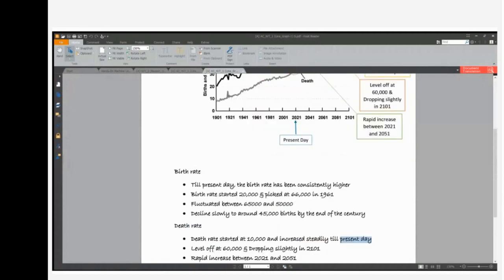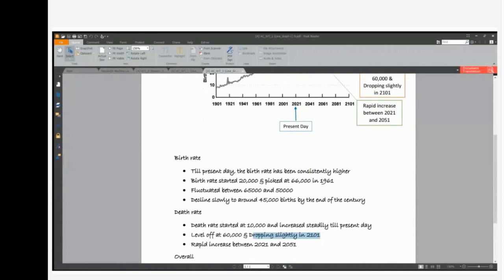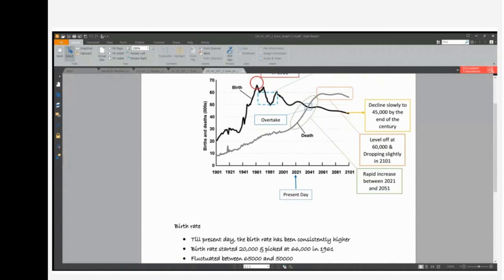And then it leveled off at 60,000 and dipped slightly in 2101, something like that. I'm talking about the last part. Also, there was a sudden increase between 2021 and 2051. I'm talking about the green part of the graph where it suddenly started increasing.